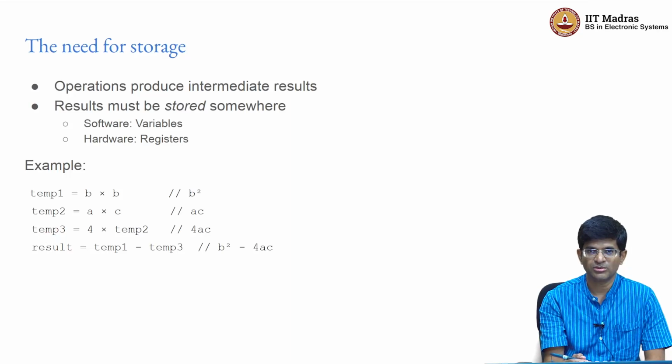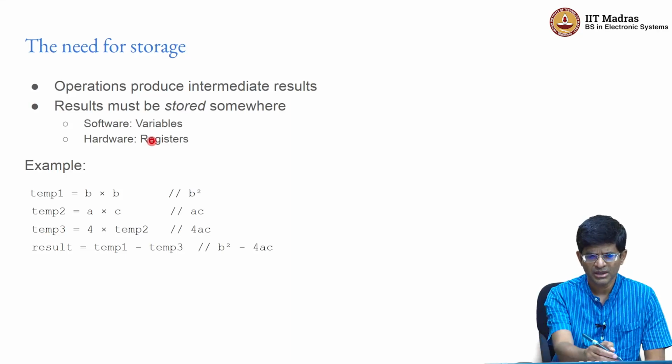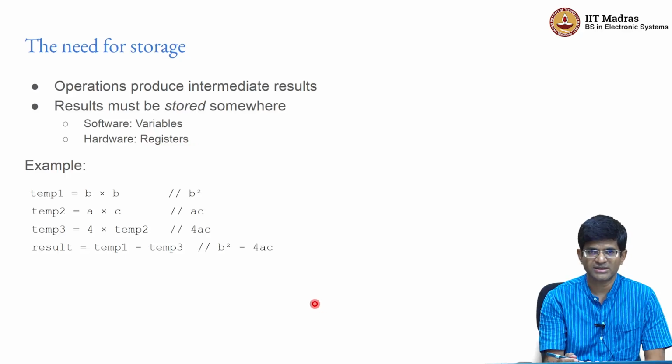Just like when we were talking about C programming, we understand that a variable is essentially a name given to a place that we are using for storing some data. That's exactly the sense in which we are using it here as well. So in software, I would use variables. In hardware, how do I store data? Well, in registers, right? We have seen in a previous video that registers form part of the storage, and then of course we can go to memory.